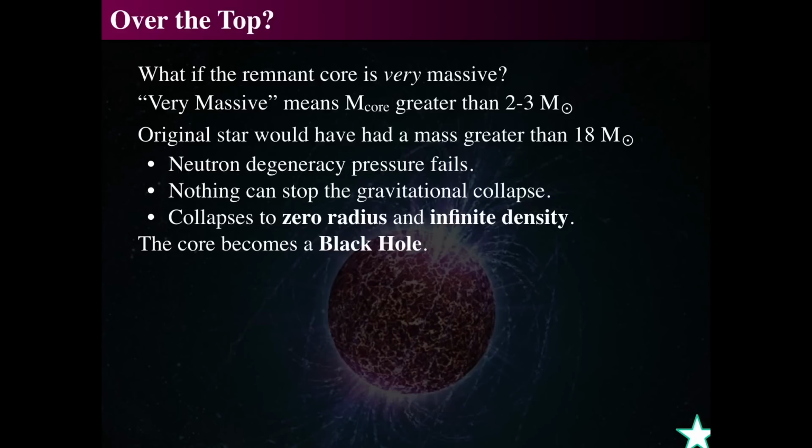If that's the case, then neutron degeneracy, which is holding up these neutron stars and pulsars, will fail. And if that fails, there's literally no pressure left in the cosmos that can hold the thing up against collapse, and the object collapses down to 0 radius at infinite density.